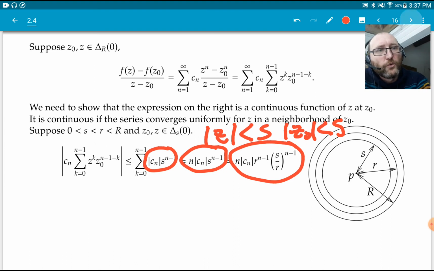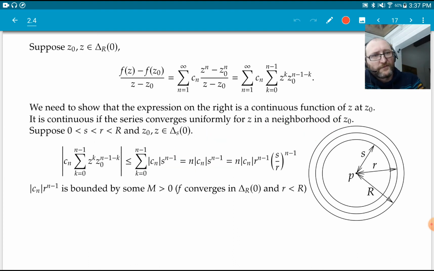Now, why do we do that? We do that because the sequence of these is bounded. You really know that the sequence without the minus 1 is bounded, but that clearly implies that the sequence with the minus 1 is bounded too, because you just divide by r.